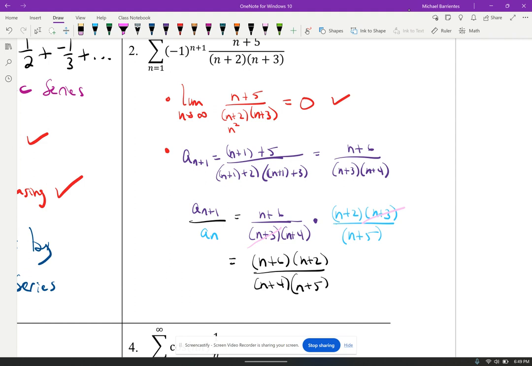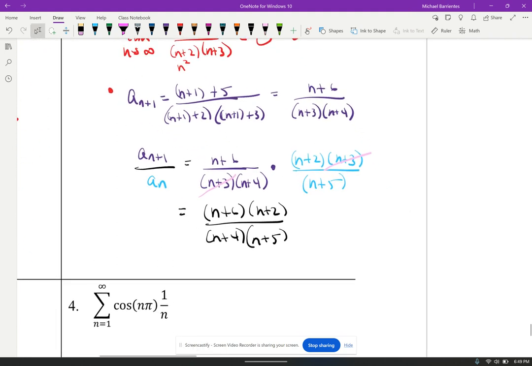Well, here we're going to use some algebraic manipulation that you might find pretty neat. We're going to go ahead and multiply this out. So if you multiply this out, we're going to get n squared plus 8n plus 12, right? If you distribute and multiply every term in the first times every term in the second, we get this. Divided by, and we're going to do the same thing here.